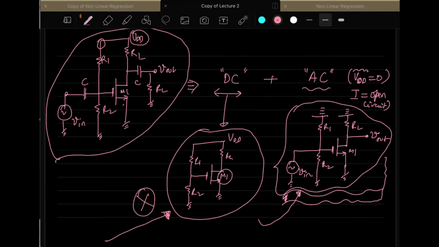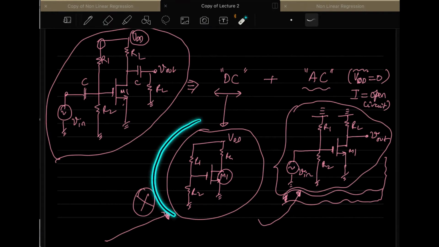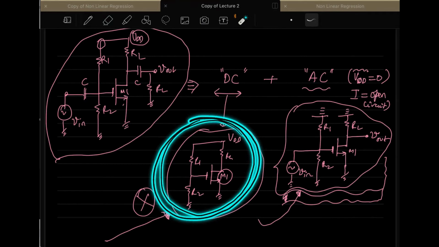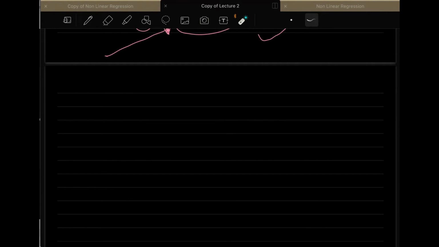So any questions here regarding this concept? The important thing is this DC part, the one which I am discussing here, can be different. By saying different, I mean there are multiple ways of doing DC analysis. But in AC analysis, the circuit will more or less remain the same. So in DC analysis, you can do this type of DC analysis also.